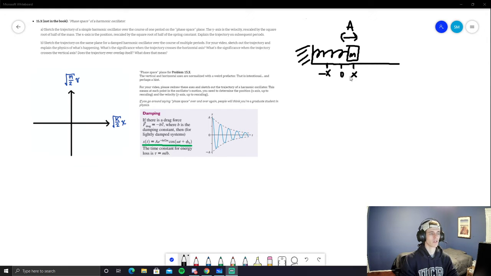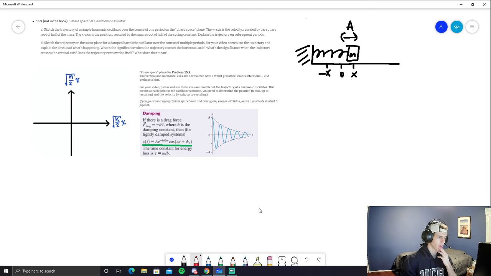And you know also that when it gets to this zero position, if you take the derivative, then you'll see that the velocity is at a maximum. So let's remember that at 0, that's also the Vmax. And here, V is 0.